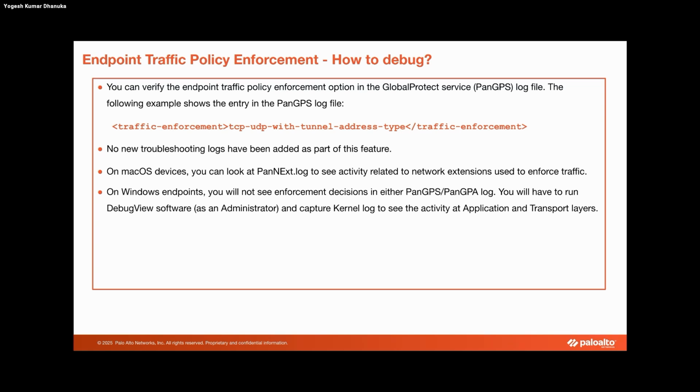Then within the pan GPS log file, it would indicate if the feature has been enabled or not. If you turned on the feature on the portal, but on the user side, has that been updated or not?